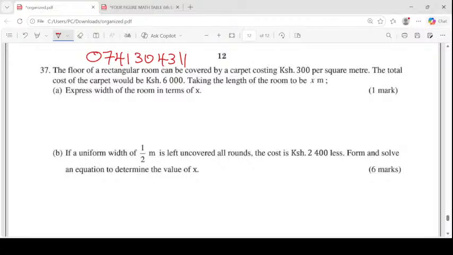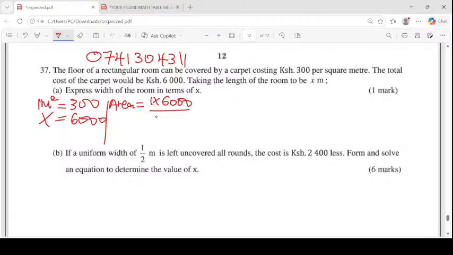So the cost can be, for every 1 square meter, it will be covered using 300 shillings. But the total cost for covering the whole room is 6,000 shillings. Then what is the area of the room? Then the area of that room will now be 1 multiplied by 6,000 divided by 300.